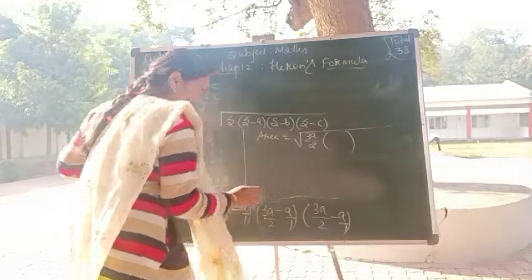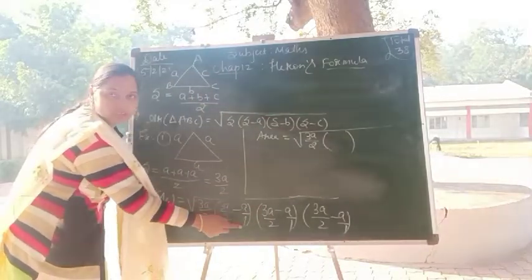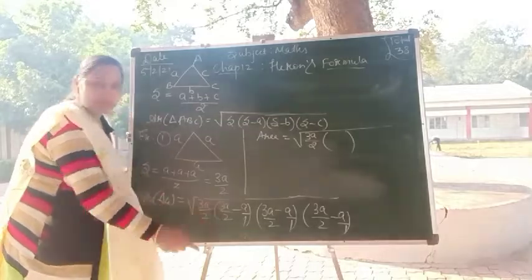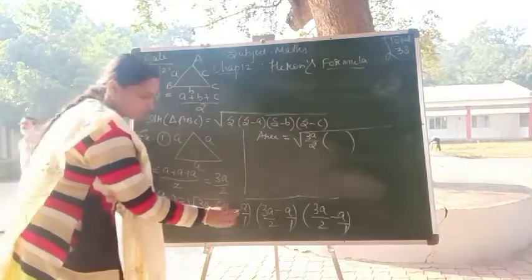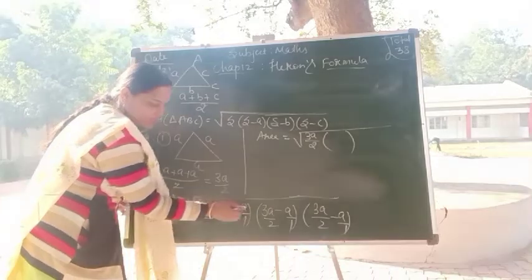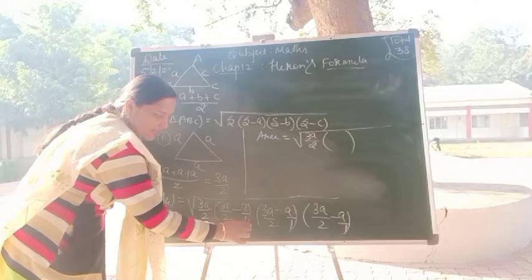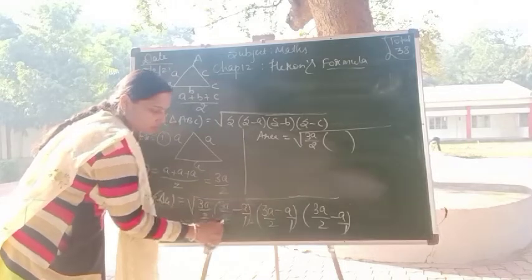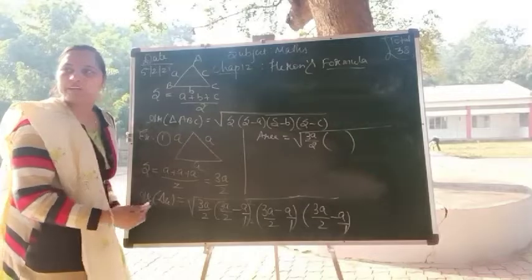Now solve this bracket. 3a by 2 minus a, I want 2 in the denominator, so I multiply both numerator and denominator by 2, because the LCM is 2. LCM of 2 and 1 is 2.